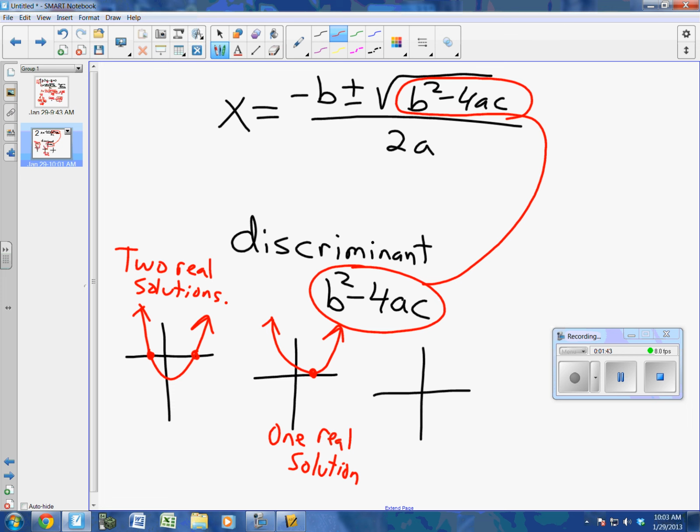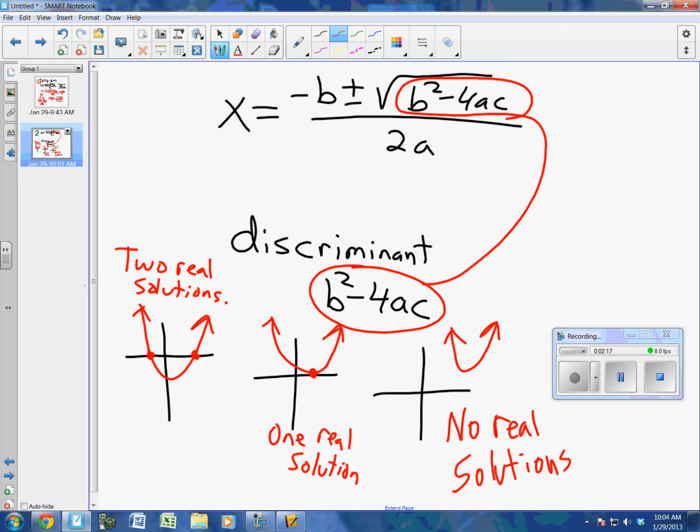And then you have the possibility that it doesn't cross the x-axis at all. That means it has no real solutions. Any questions there? You can have one real solution, no real solutions, or two real solutions.